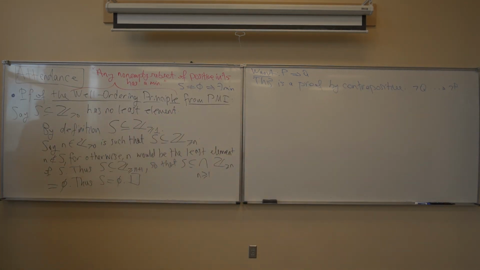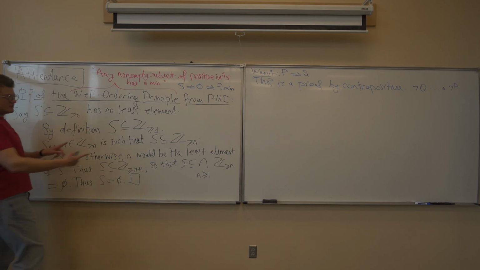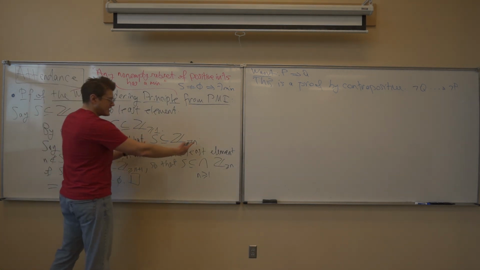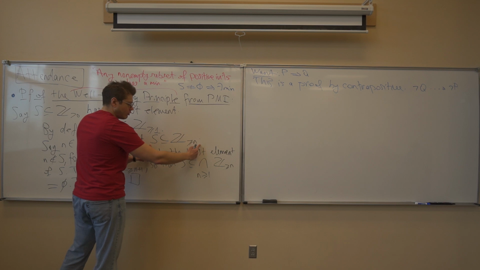What else? Do you see any other methods here? There's kind of like an induction. Right? I didn't say it, but I need a sequence of statements indexed by integers. So you see, this is my base step. And then I'm assuming this holds.